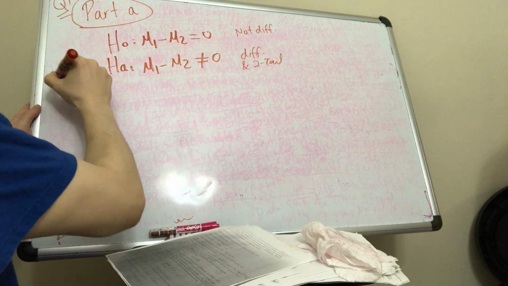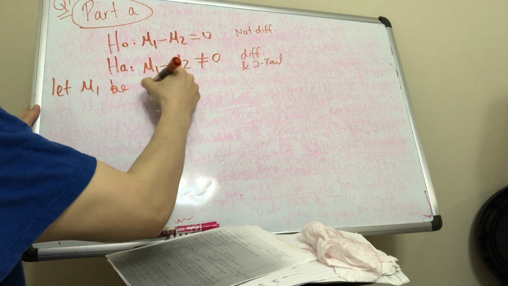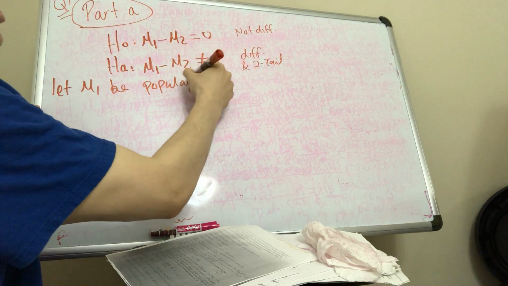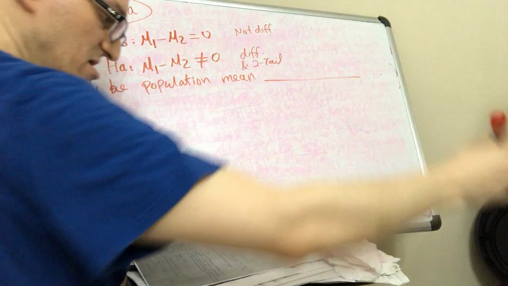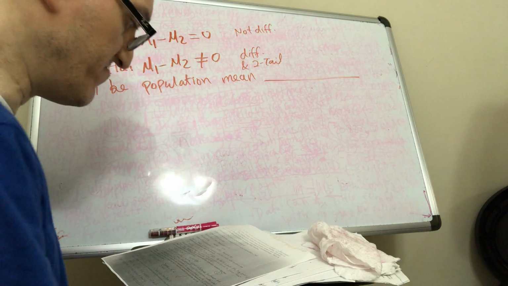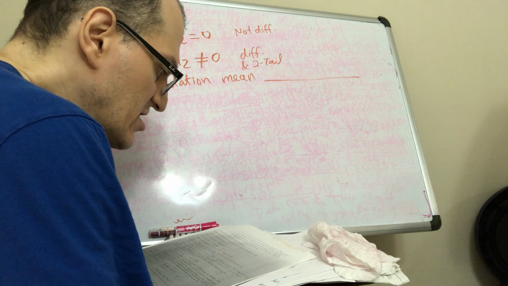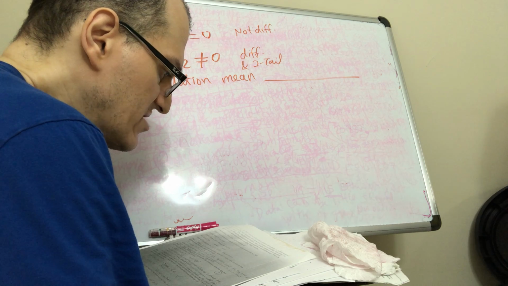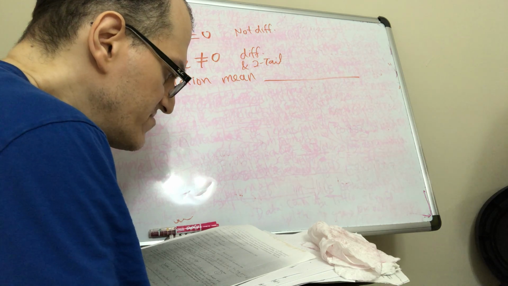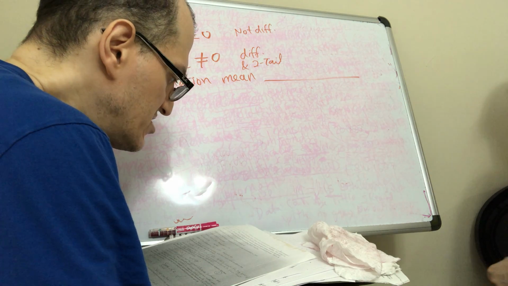To define the parameter, let mu1 be the population mean. And what's the mean in the question? It's 2 classes, one located in Halifax. The students were taught using a new method, and the other was the control. The music educator undertook a study of achievement.